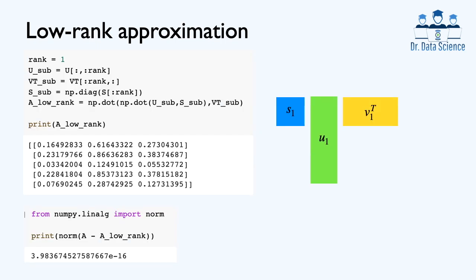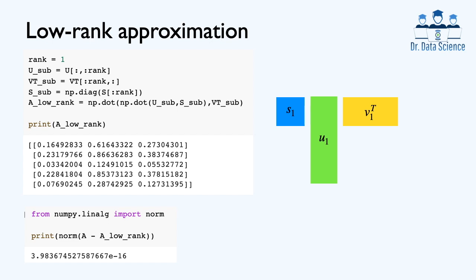We can do so using this very simple technique with these matrices U and V transpose, and we decide that the rank is 1 here, because we only had 1 dominant singular value. Because indexing starts from 0 in Python and NumPy, we go from 0 to 1, where 1 is excluded, so we just pick the first column of U, which is indexed at 0, similarly the first row of V transpose, and also the first element in that one-dimensional array of singular values.